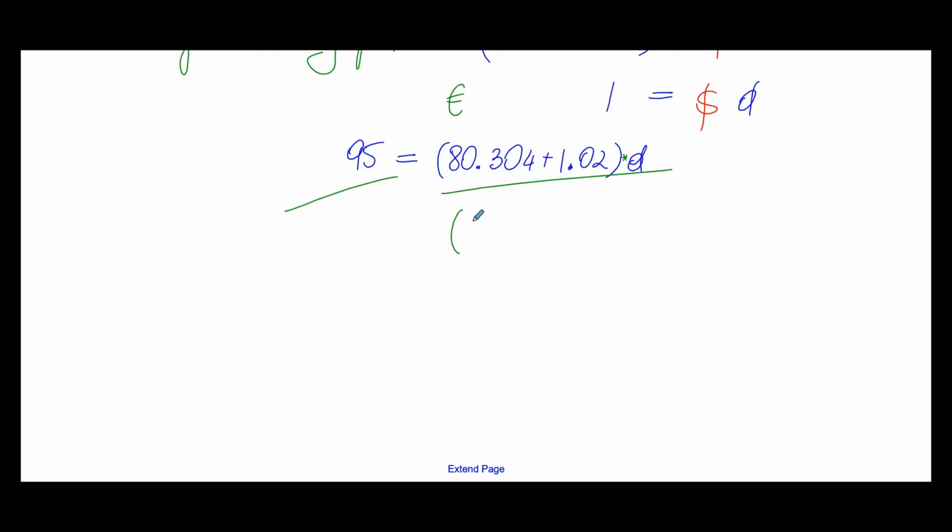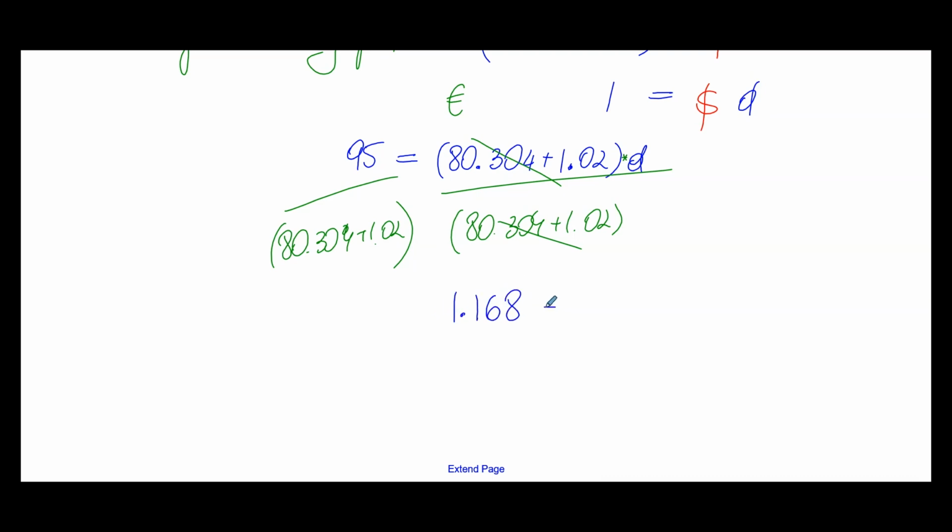Therefore, I divide both sides by the number that stands beside D. When we put our fraction in our calculator, we get the answer that the value of D is 1.168. That was the actual exchange rate.